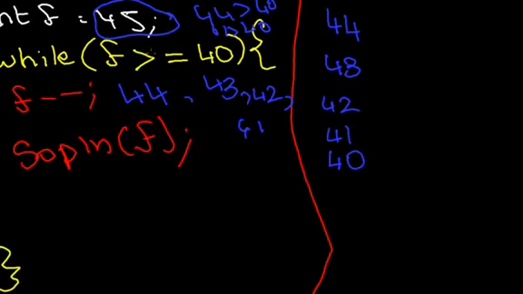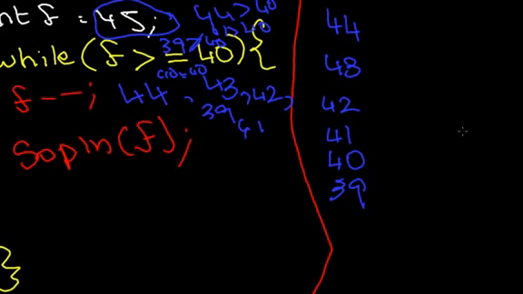Goes back up. Now 40 is equal to 40, so it comes down here. It becomes 39. Prints 39. And then it goes back, checks 39 is not greater than or equal to 40, so it won't run again.